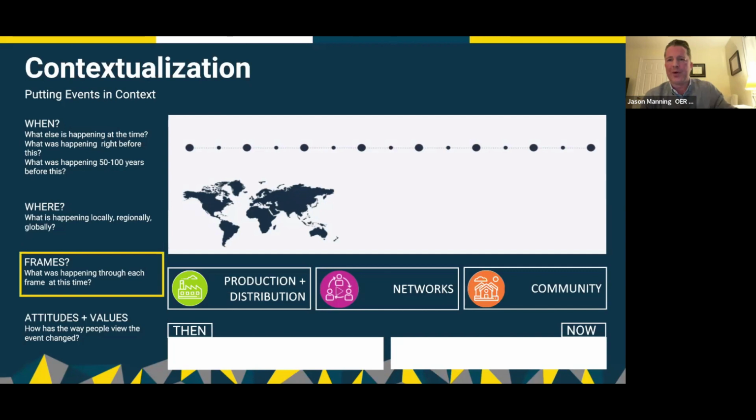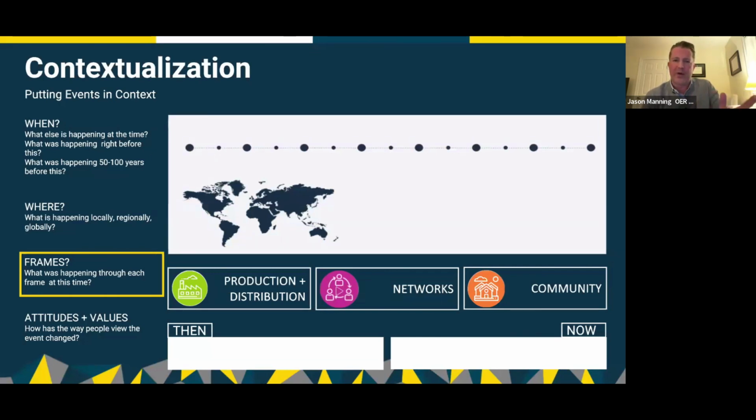The World History Project on OER has three ways of pulling a similar through line through all the courses, and it's called frames in history. What was happening through each of these frames? The three frames listed to the right are: what was being produced and distributed, what trade was like at the time; how people were connected, what the networks around the world were; and how people organized themselves into communities.